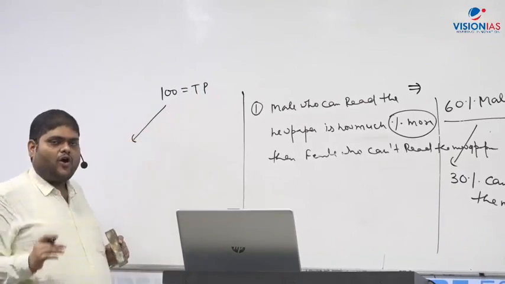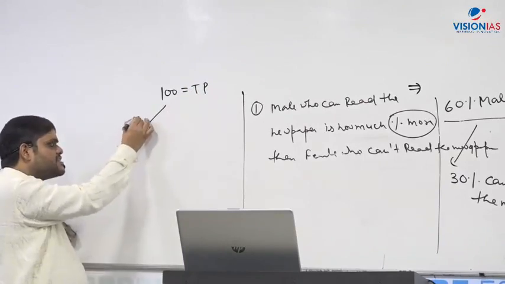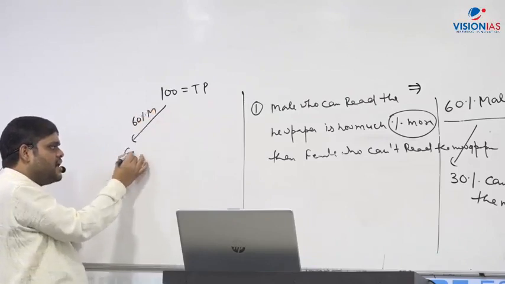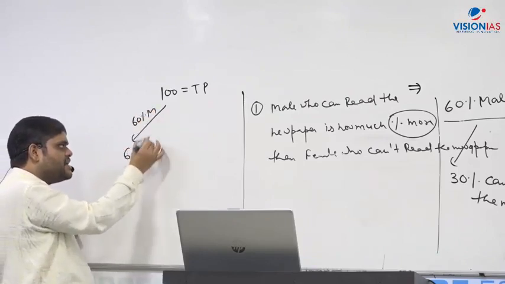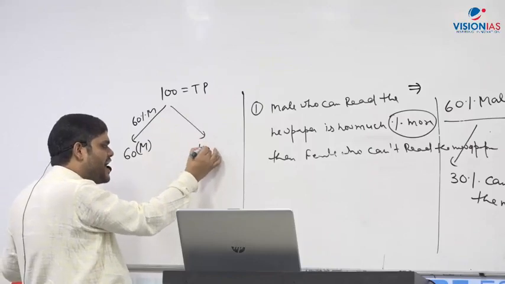How many males are there? 60% are male, that means 60 males, and the remaining 40 are female.